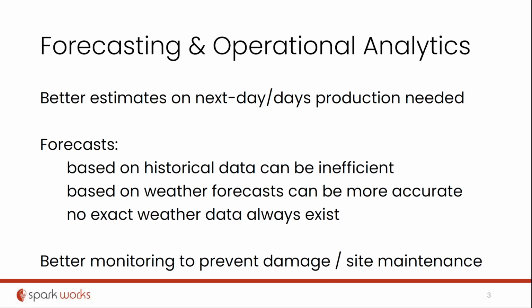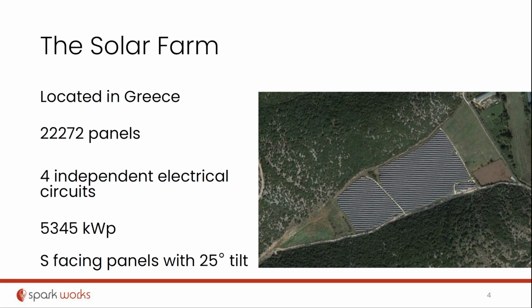So in our case, we monitored a solar farm located in Greece with over 22,000 solar panels that are split up into 4 different and independent electrical circuits that can produce up to more than 5 kilowatts of power in a fully sunny day.